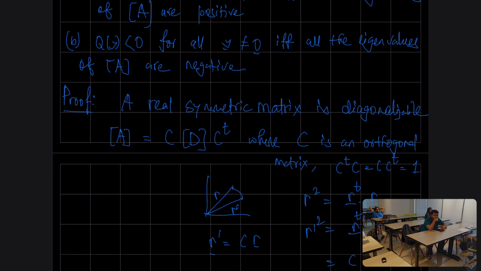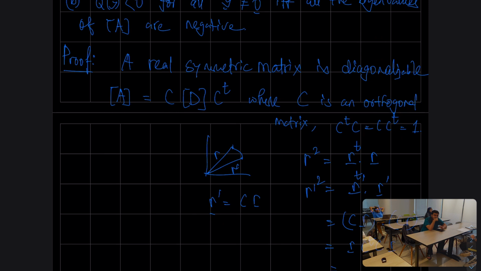So you have C r transpose dot C r, and then you have r transpose C transpose C r. If you demand that the norm doesn't change by this transformation, I'm just rotating the vector. One endpoint is fixed, another endpoint is rotated, but I haven't really squished the vector.